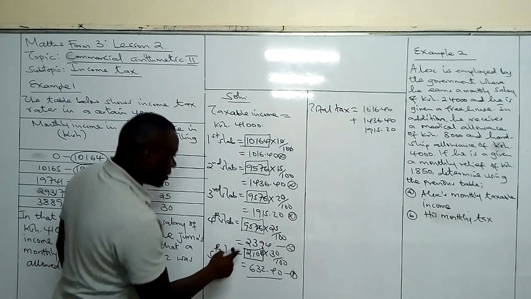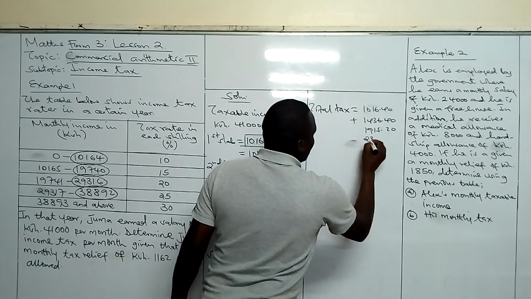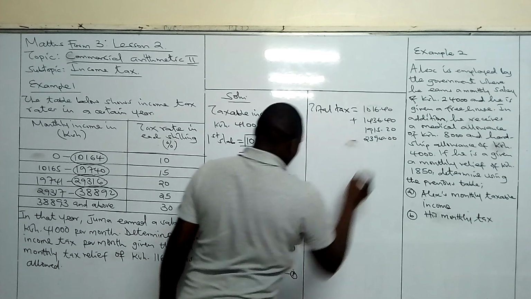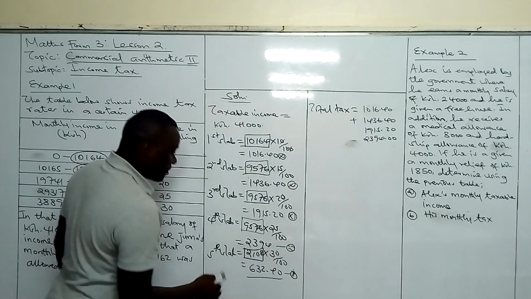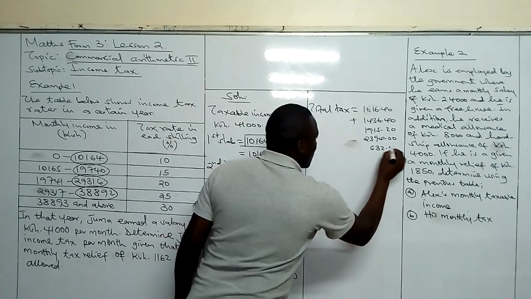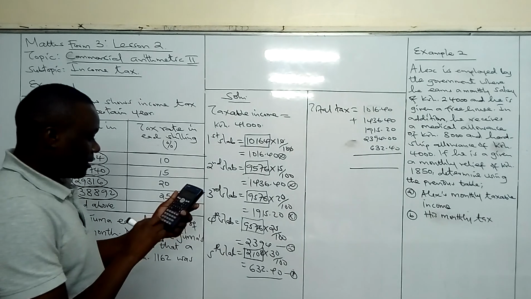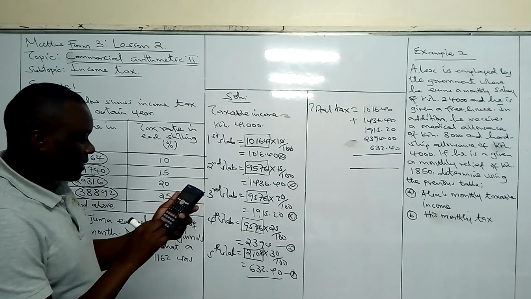Then we have 2394.00. Then we are going to have 632.40.